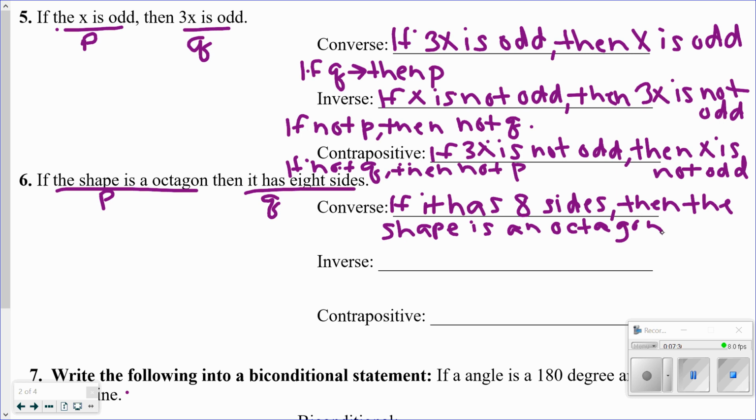The inverse is taking our original statement and negating it. So if the shape is not an octagon, then it does not have 8 sides.